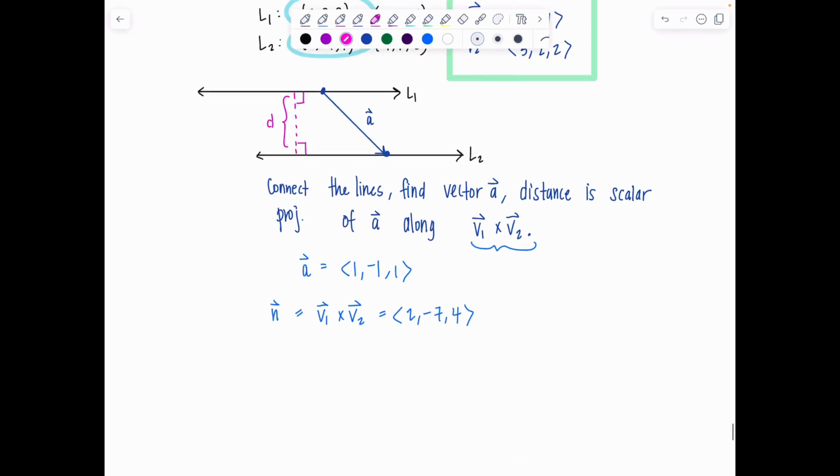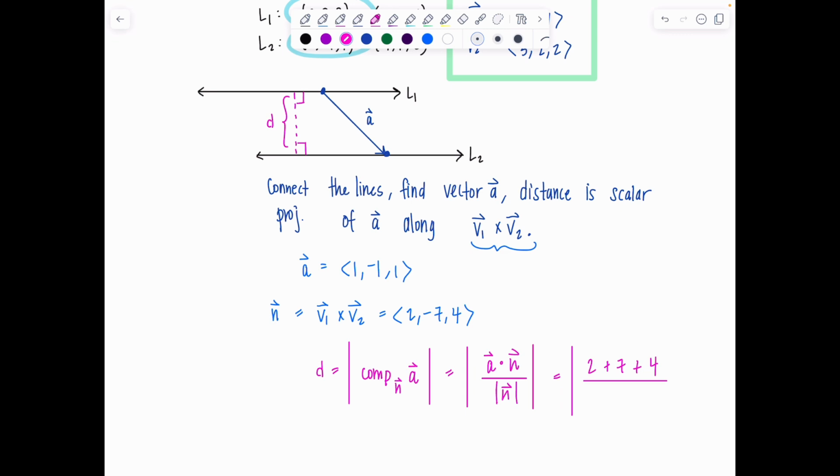Perfect. So then this distance D is going to be, let's put absolute value just to make sure it's not negative, the scalar projection of A along N. So we'll take the absolute value of A dotted with N, divided by the magnitude of N. A dotted with N is going to give us 2 times 1, so that's 2, negative 7 times negative 1, so plus 7, plus 4, over the magnitude of N, which is the square root of 4 plus 49 plus 16.